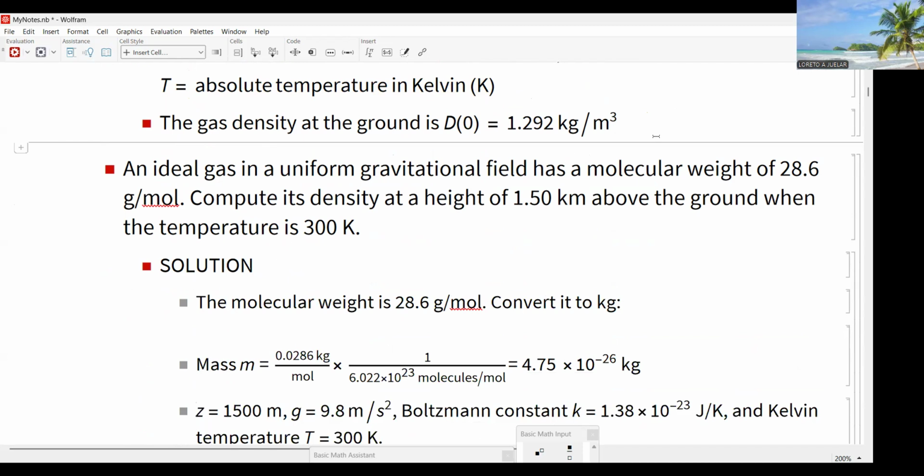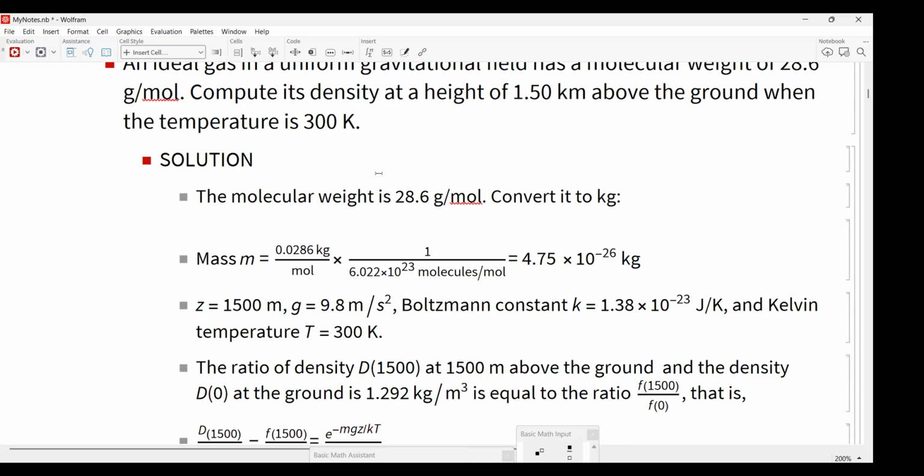So we have this problem. An ideal gas in a uniform gravitational field has a molecular weight of 28.6 gram per mole. Compute its density at a height of 1.5 kilometer above the ground when the temperature is 300 Kelvin. So we have the given here. The molecular weight is 28.6 gram per mole.